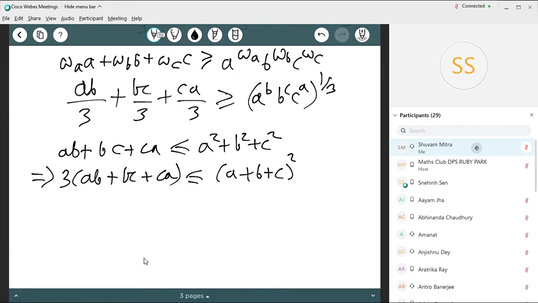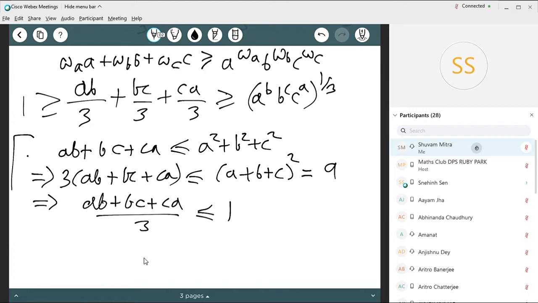By our definition, it's 9 because A plus B plus C is 3. Hence, (AB plus BC plus CA) by 3 is less than or equal to 1. So this thing over here is less than or equal to 1 from this step. You guys write it properly. I'm just giving you the ideas. Hence, this proves our inequality.